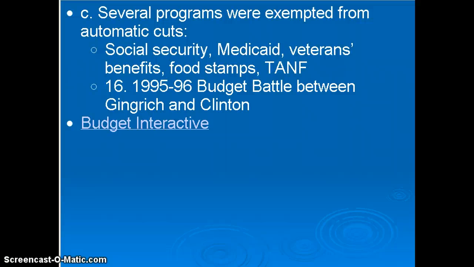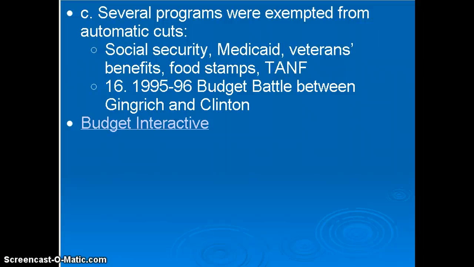What that meant was that if they didn't agree on the budget, they would have automatic cuts. This never happened because under Bill Clinton, the Democrats raised taxes, and this provided more money for the government, and they ran a surplus in this time period. So the Gramm-Rudman-Hollings Act just wasn't that significant.